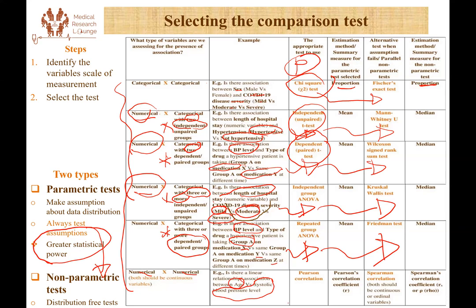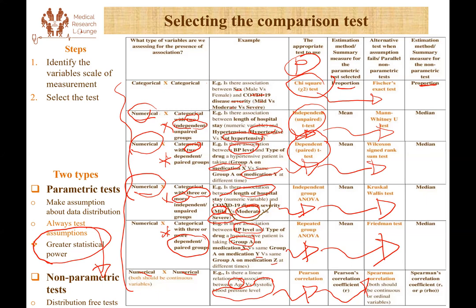Pearson correlation is the test we use when we have both continuous numerical variables. Pearson correlation again has assumptions because it's a parametric test. If the assumptions fail, we use the Spearman correlation, which is the parallel non-parametric test for the Pearson correlation. So this is how we pick our test.